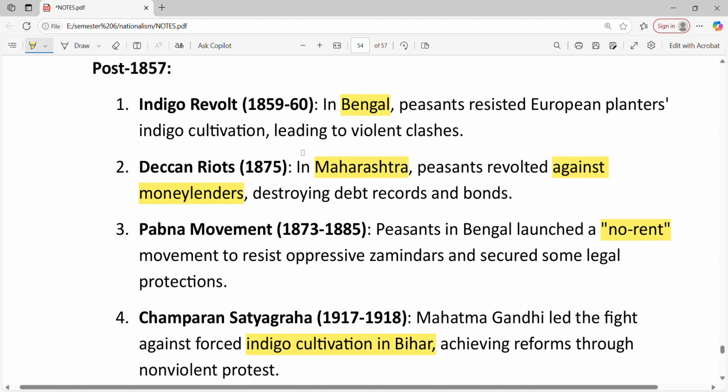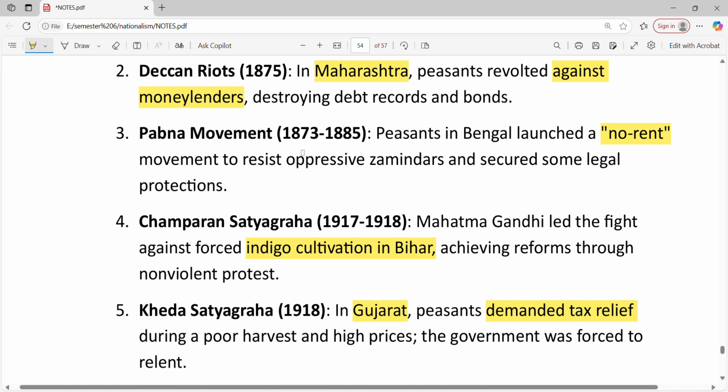So the government passed the Deccan Agriculturists Relief Act in 1879 to extend protection to the Kunbis, that is, the cultivator caste. Okay. Then there is the Pabna movement, which is a no-rent movement of the peasants in Bengal.